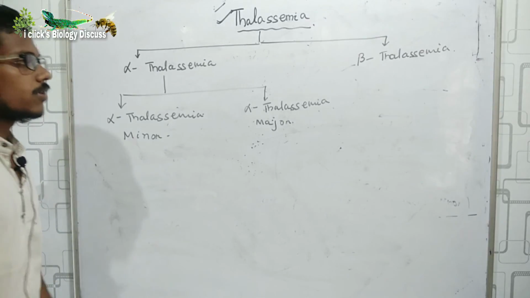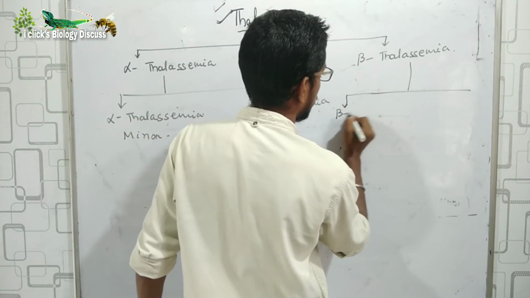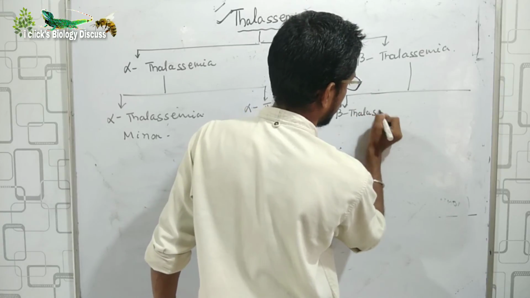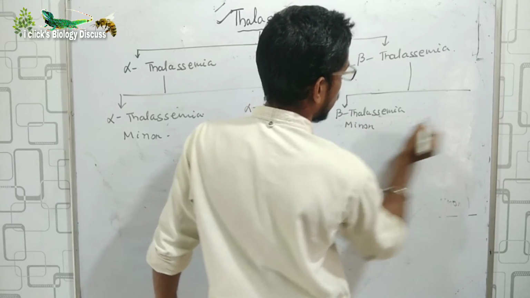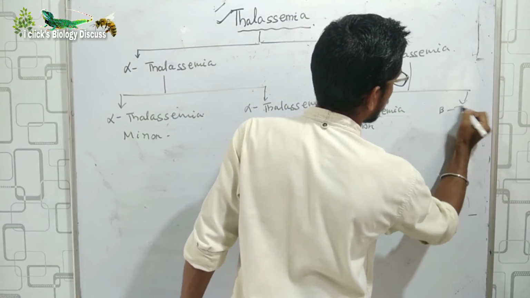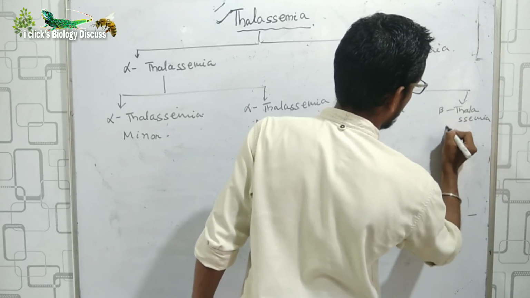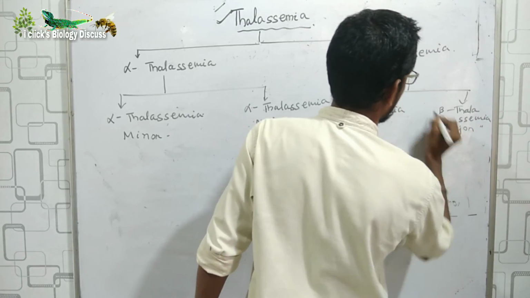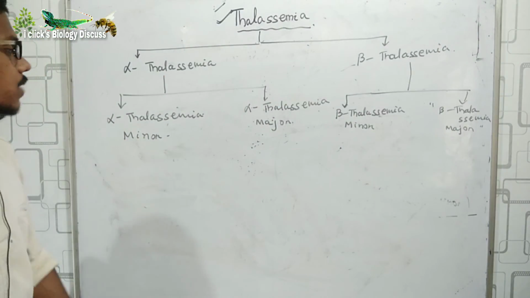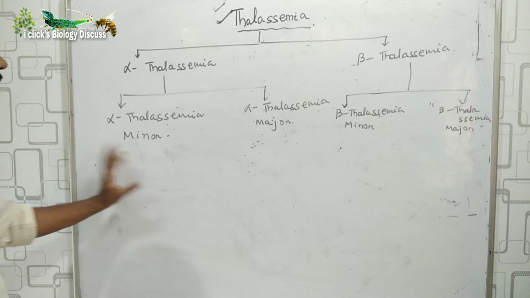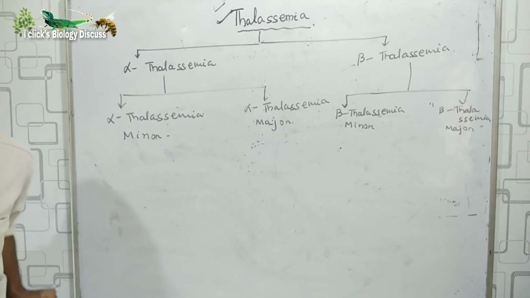Beta thalassemia is also of two types: beta thalassemia minor and beta thalassemia major. So four different types of thalassemia: alpha thalassemia minor, alpha thalassemia major, beta thalassemia minor, beta thalassemia major.